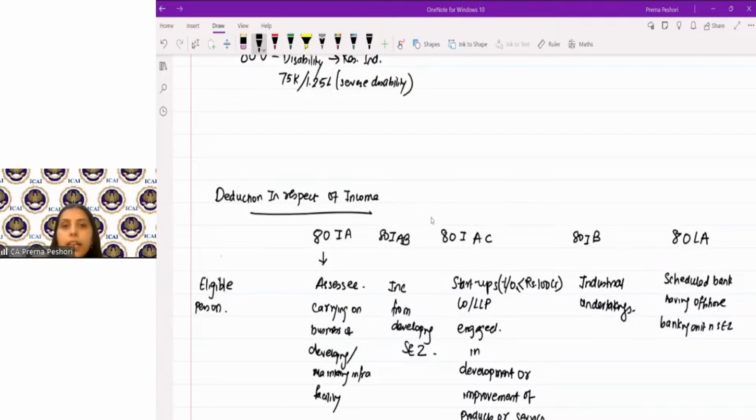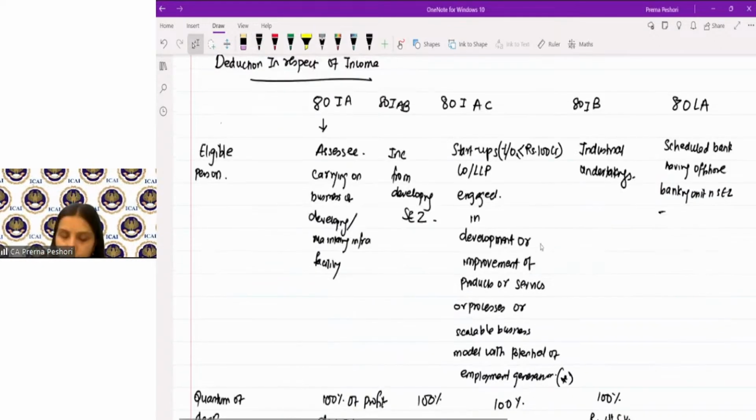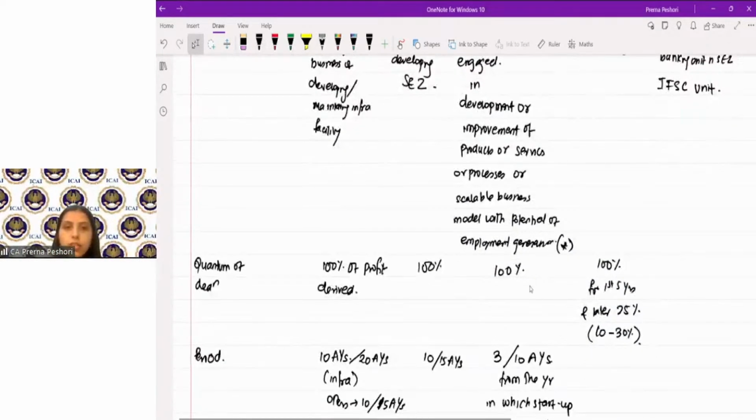Then income from the businesses of the bank which are located in SEZ, or income from a unit of IFSC which is located, and income arising from the transfer of an asset being aircraft or helicopter or engine of an aircraft which was leased by a unit of IFSC. So here you can write down IFSC unit. Okay. Now here also 100% deduction is available.